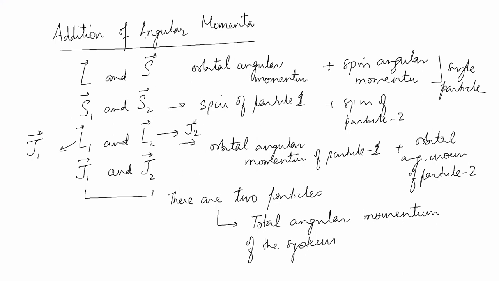Here also the orbital angular momentum is the same as the total angular momentum. Here the particle is in S state and it has got a spin. S state corresponds to L equal to 0. Therefore, spin angular momentum is the same as the total angular momentum. Okay.